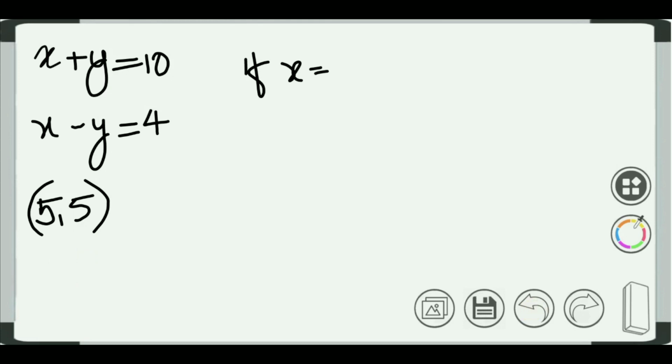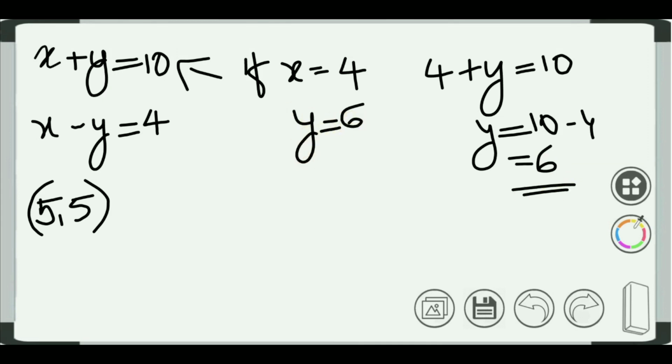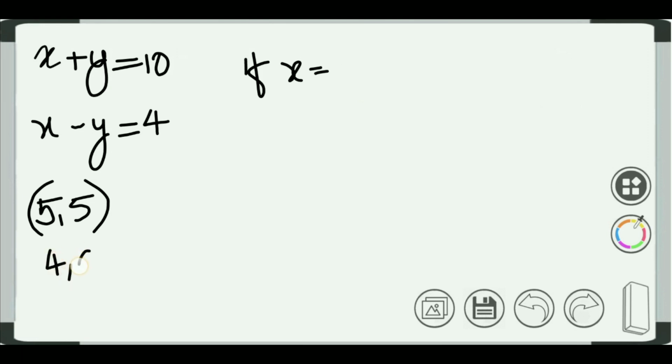Now I am taking x is equal to, suppose, 4. What is y? Look at only the first equation. If x is equal to 4, 4 plus y is equal to 10. Therefore y is equal to 10 minus 4, which is 6. Now you got another point, x is equal to 4, y is equal to 6. You write it like this: 4, 6. This is the second point.